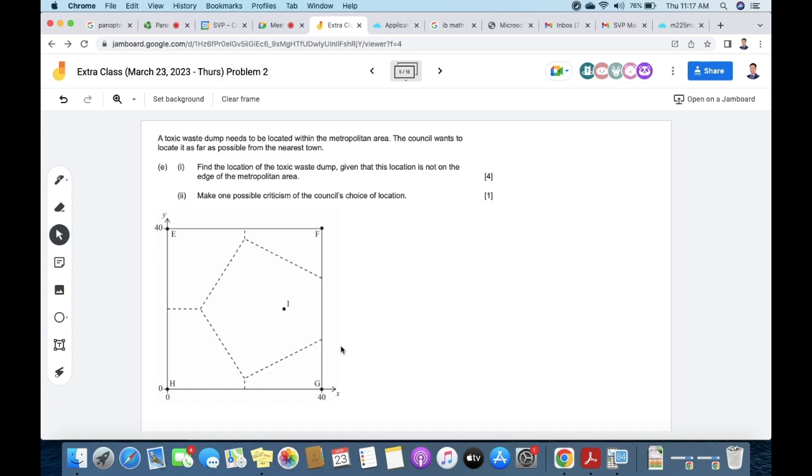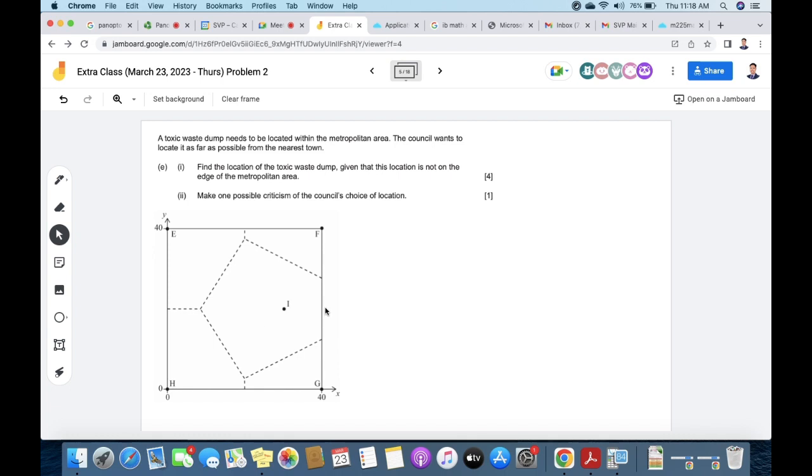So the question here is, the council wants to put it as far as possible from the nearest town. All right, even if that is the nearest town, still they wanted to find a location where it is as far as possible. So for letter E-I, you need to decide on the location of the toxic dump. Okay?